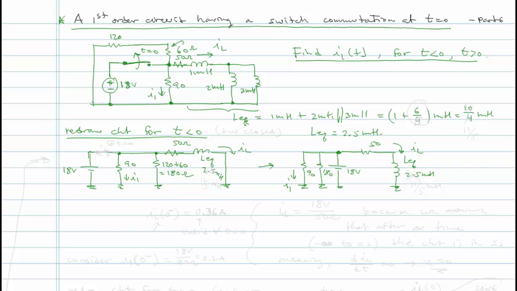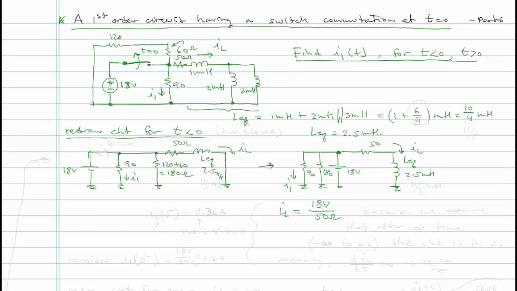From minus infinity we've had this circuit. Notice that the 90 ohms and the 180 ohms are hanging in parallel with the 18 volts, and therefore they have no bearing at all on the current that is going to flow through IL. The current IL is very simply the 18 volts divided by the 50 ohms.